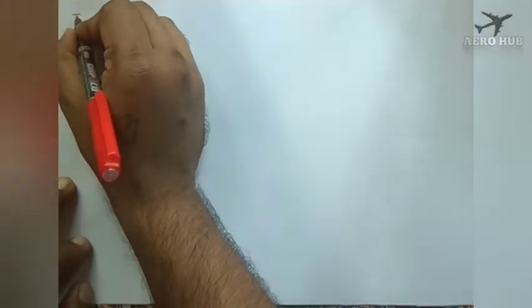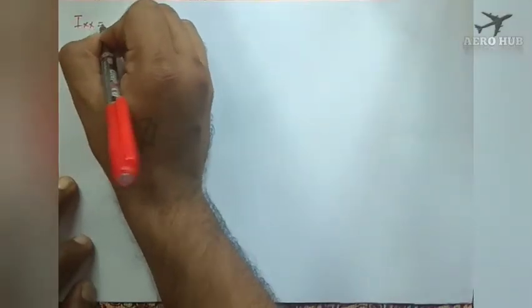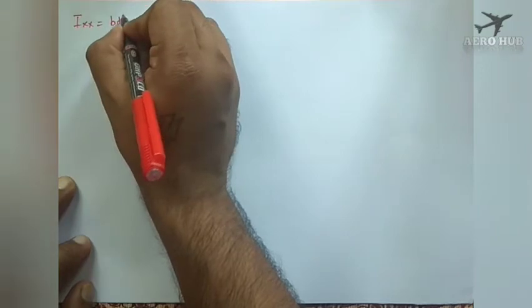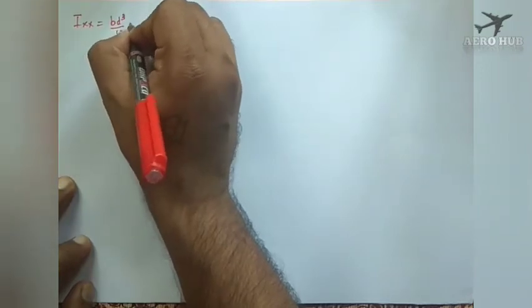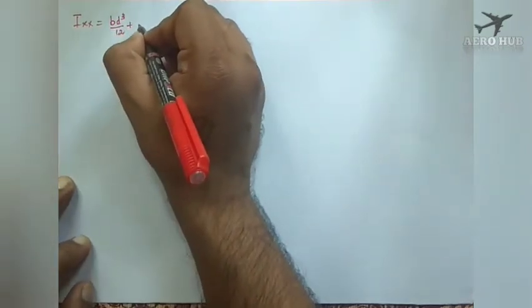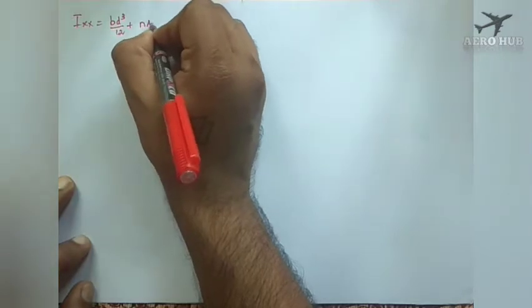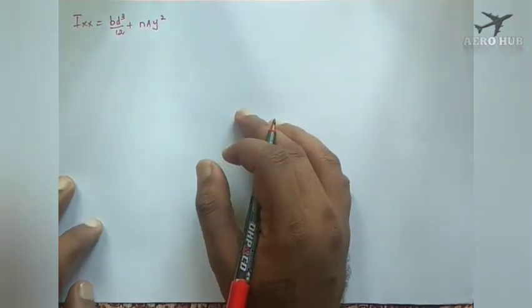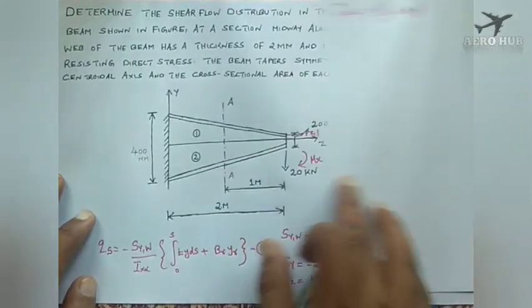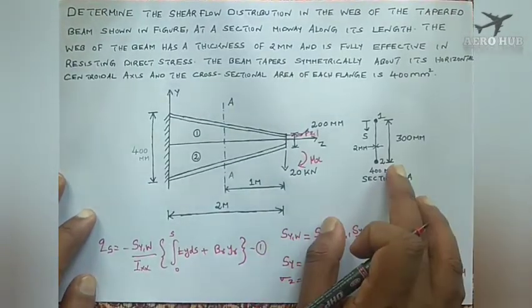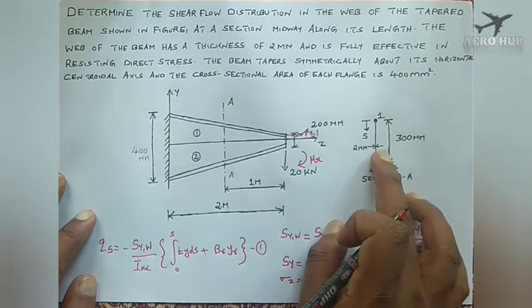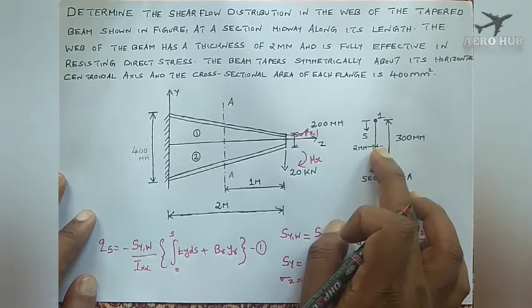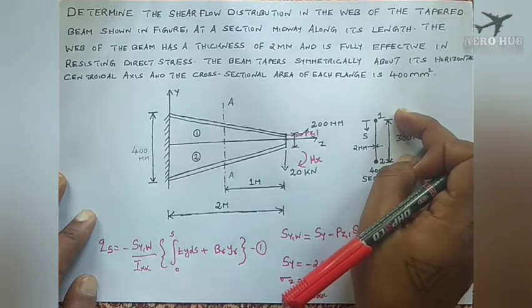Now we have to find the value of Ixx. Ixx is equal to, we know the formula, BD cube by 12 plus n into A y square. For this section the value of B is 2 millimeter and D is 300 millimeter.